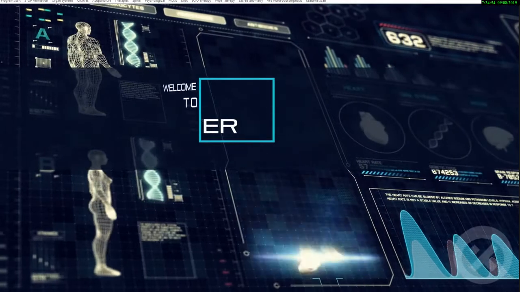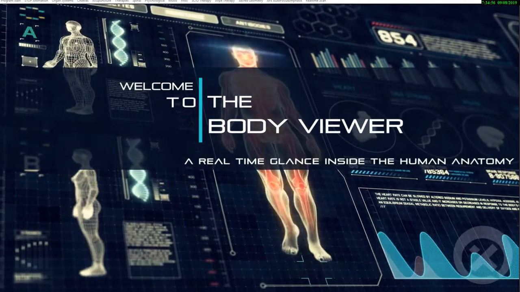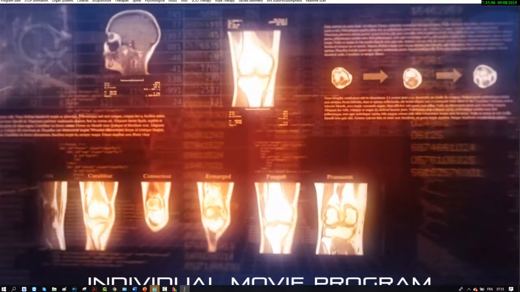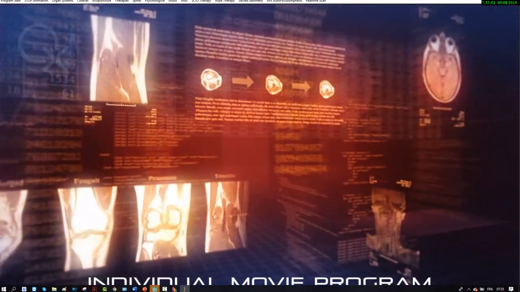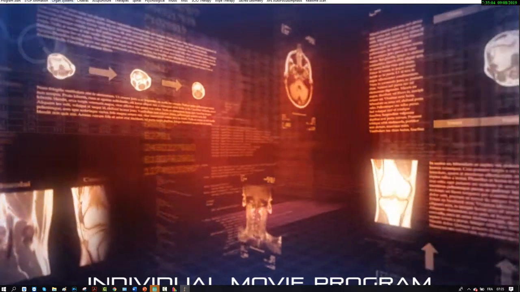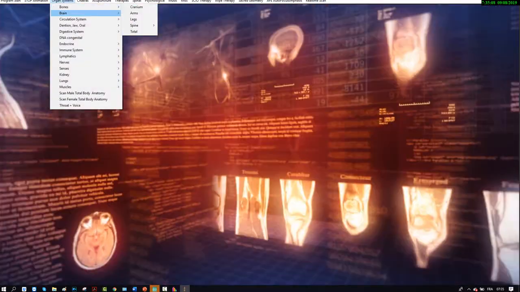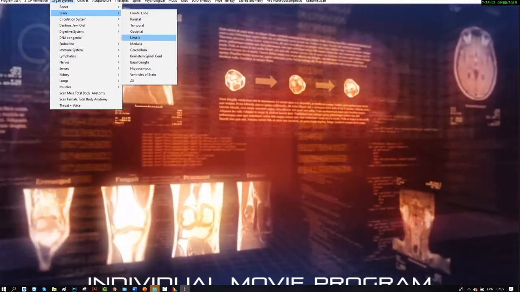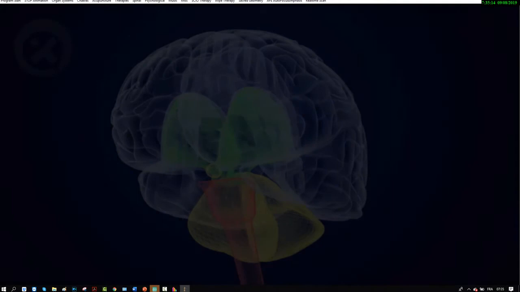So now we have some other module where we can work on some very wonderful programs. It could be about all the organs, any organ. I could say, let's say the brain, and it will work on the brain.